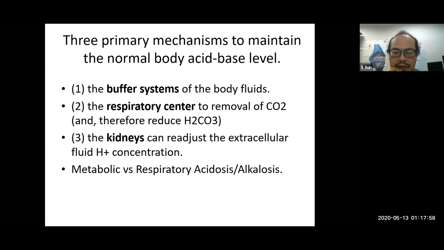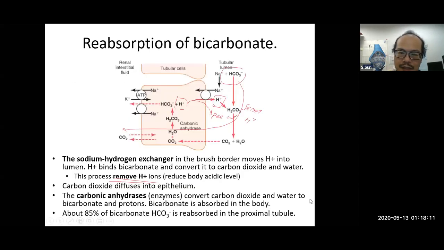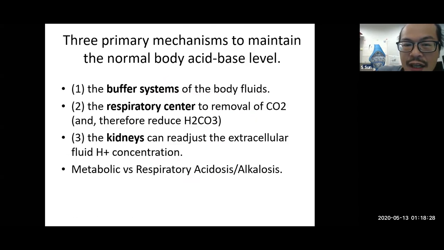Our organs also participate in the acidic level regulation. Two major organs are the kidney, as we mentioned before. By reabsorption of bicarbonate, we secrete hydrogen in the kidney, so that way we can reduce our body's acidic level. So the kidney is one organ to regulate our body's acidic level.